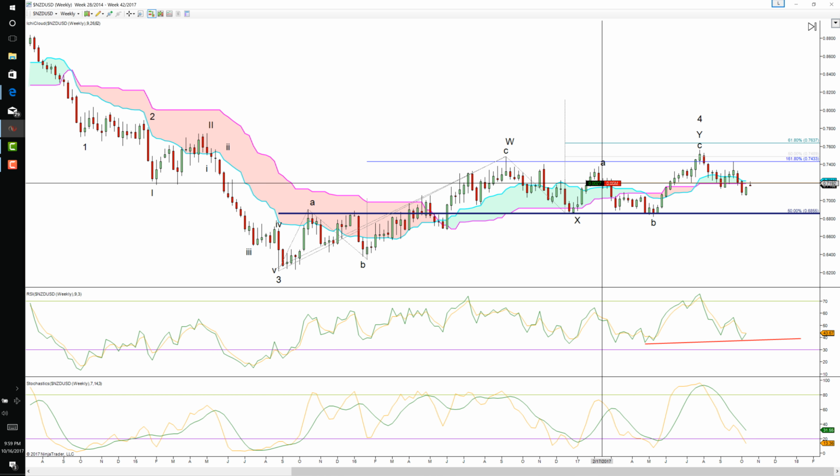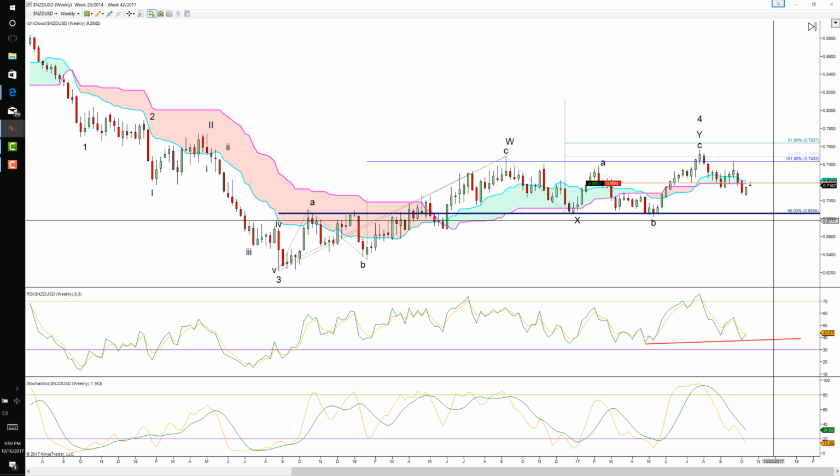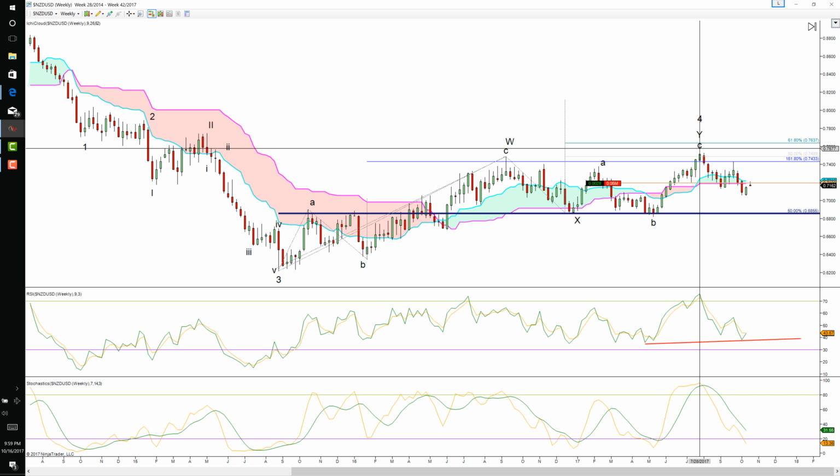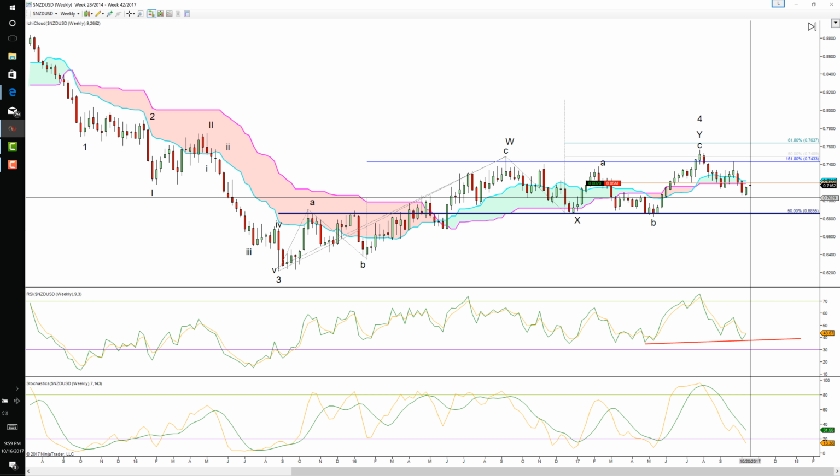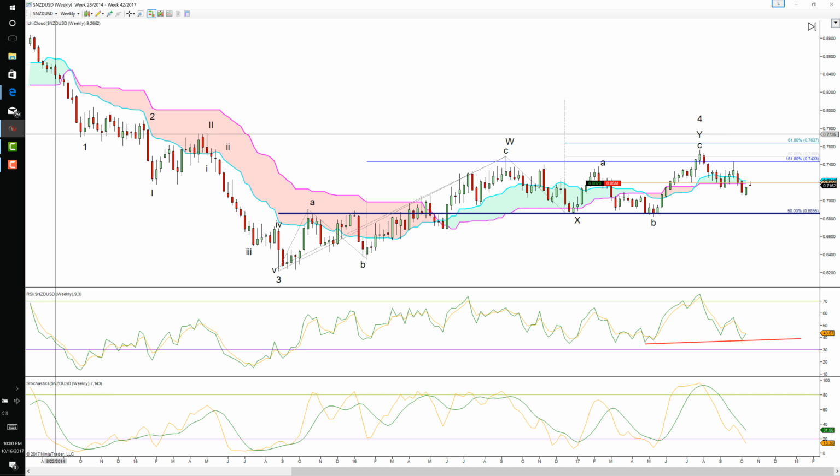So I'm not comfortable with this, and before I go to sleep I actually may get out of this trade, because this can be like a 1, 2, and then let's say hopefully we'll be moving into wave 3, but I'm not sure on that one.